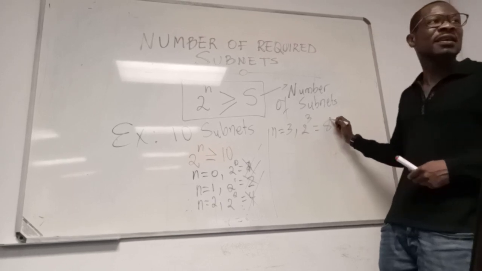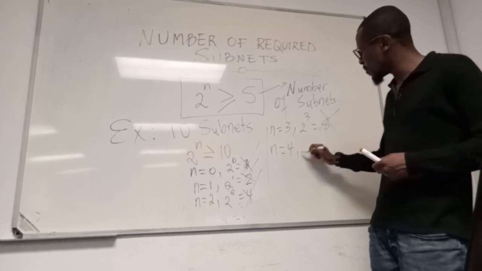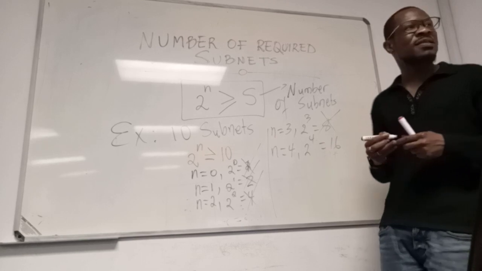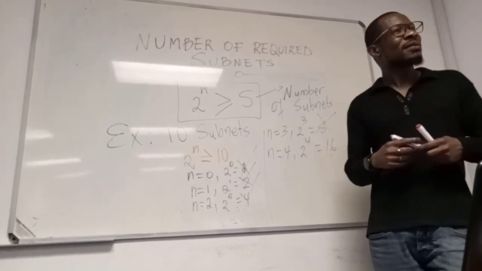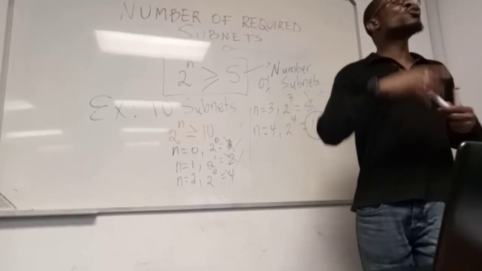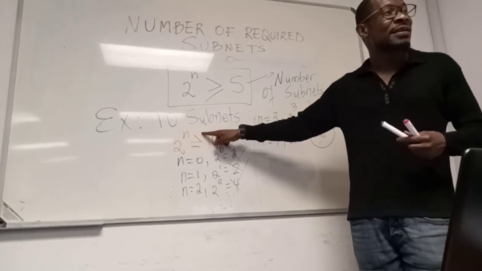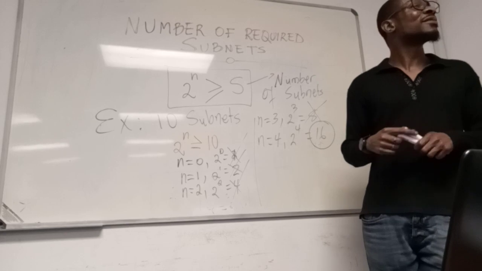Let's say n 4. It's going to be 16, but 16 is more than 10. So for you to have 10 subnets, you have to borrow how many bits? 4 bits, right?